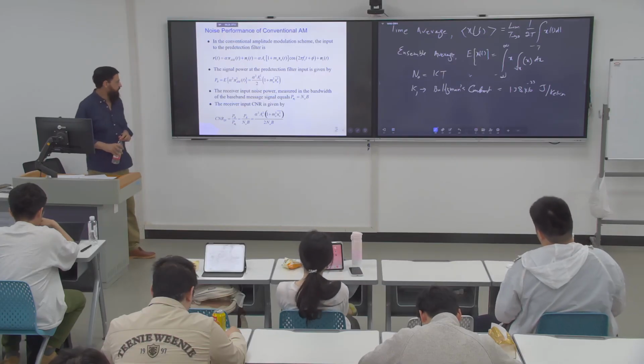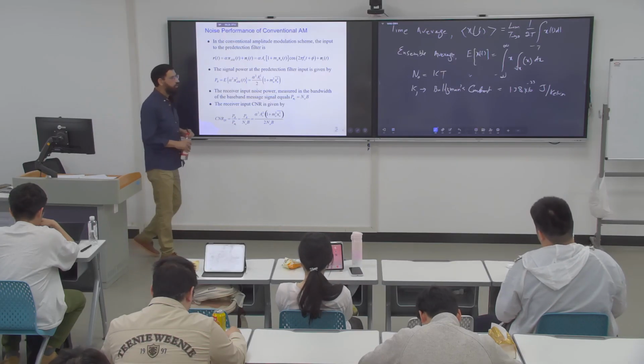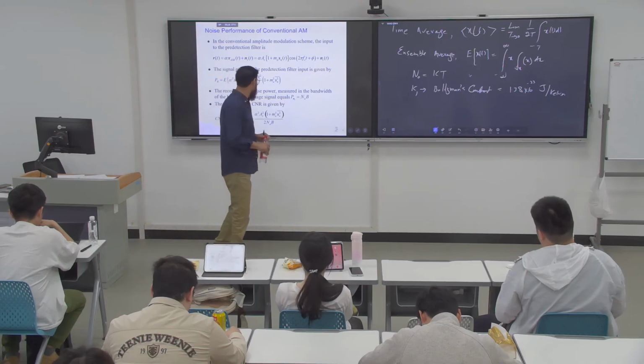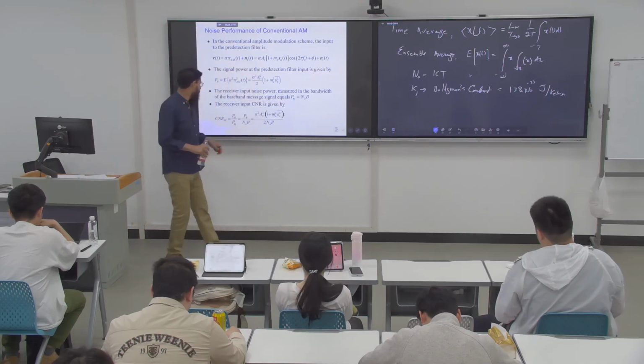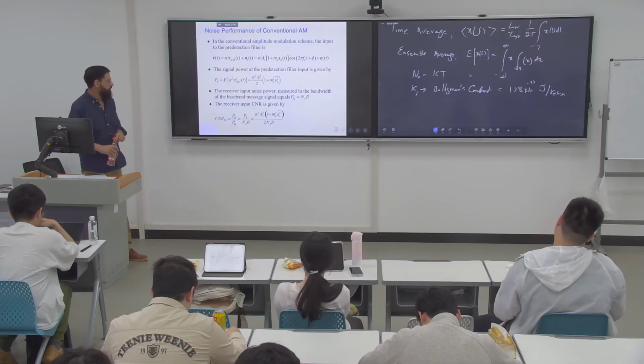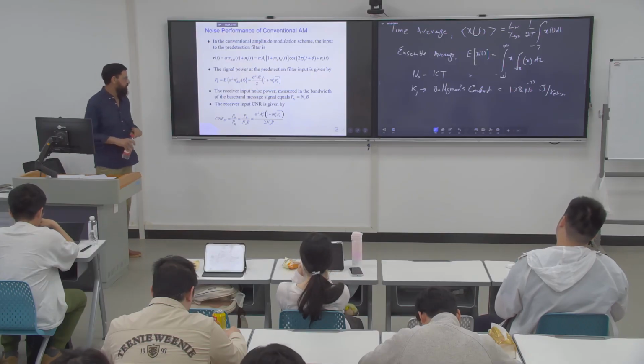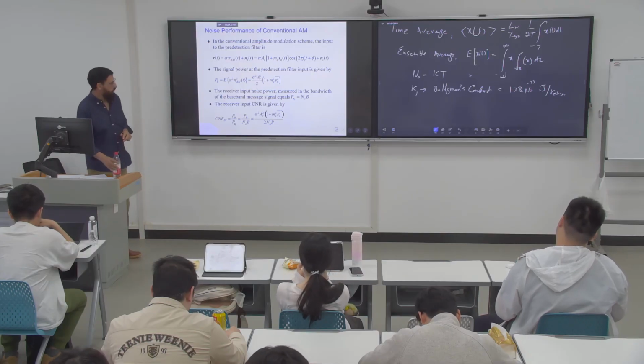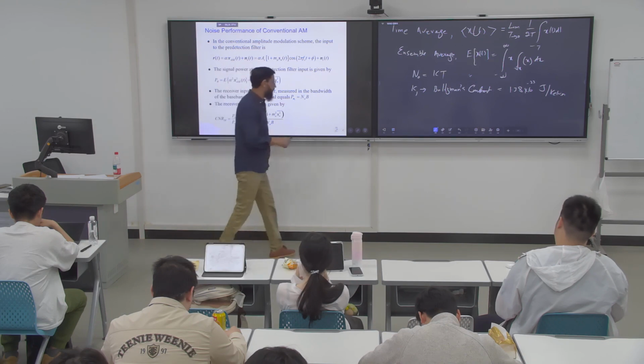CNR is the received power divided by the noise power. This is the power PR, and PR divided by the noise power will give me the CNR. Now I need to find what is SNR.